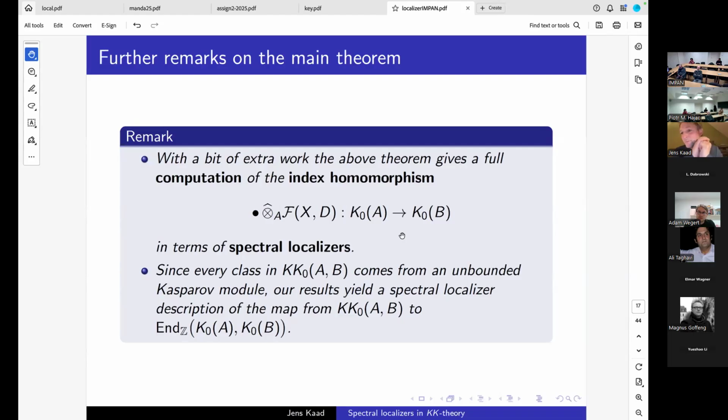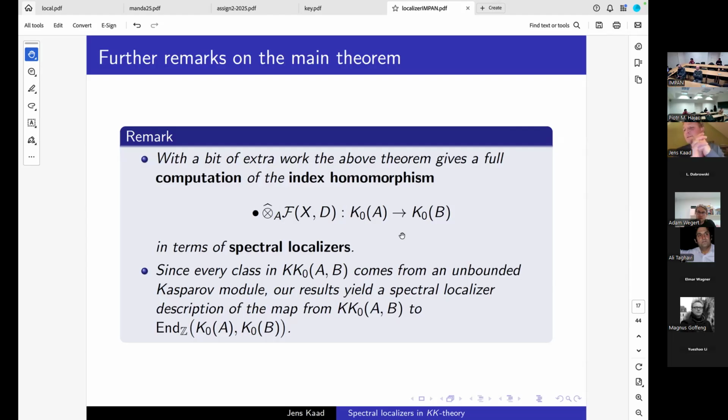Do you think about this unbounded KK module as some notion of generalized morphism between, I don't know, maybe spectral triples? Yes, but maybe, we have been spending a long time thinking about unbounded Kasparov modules as perhaps giving you morphisms between spectral triples.